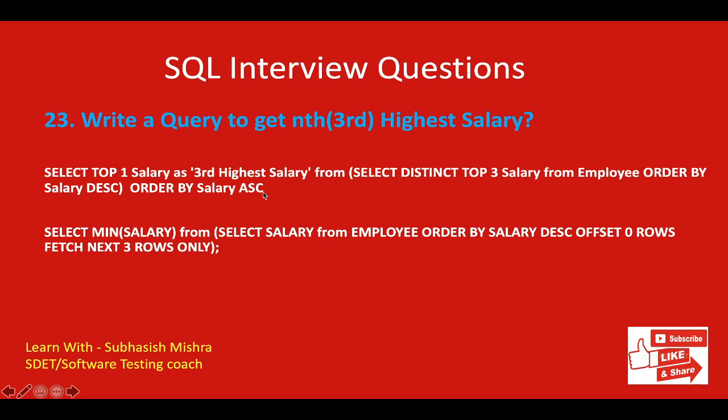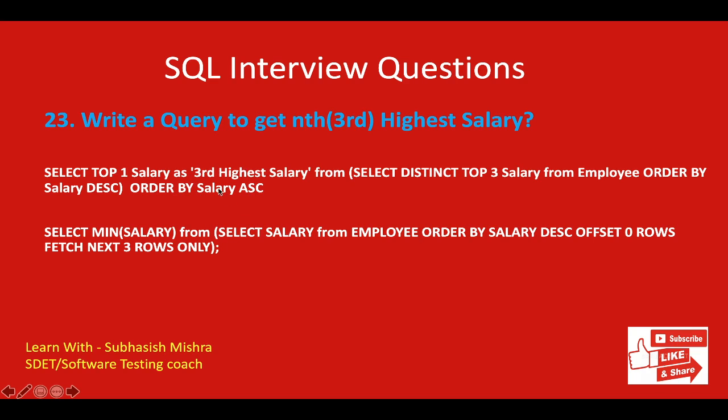I'll explain it first and then we'll write this query, right? The only thing is all databases do not support the top clause. We are writing the queries in the SQL developer tool, so whatever it supports, here you can see offset and all, that's what I'm using. But for interview purposes you can tell either of these.